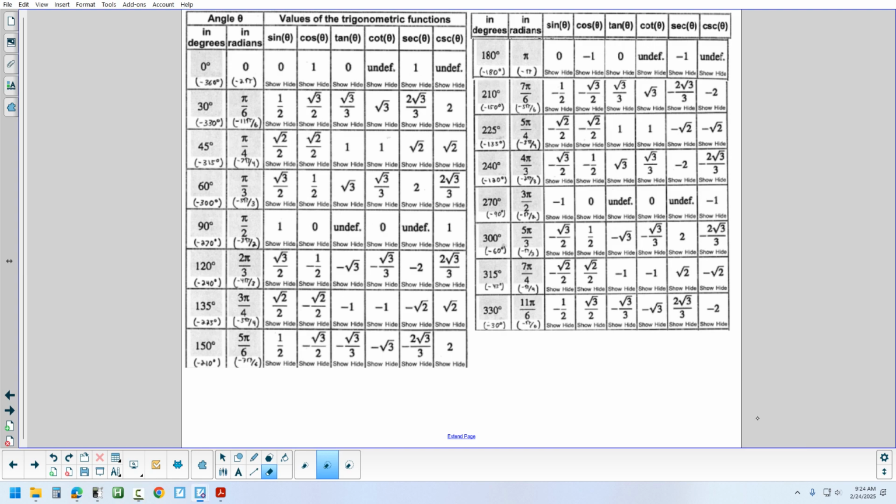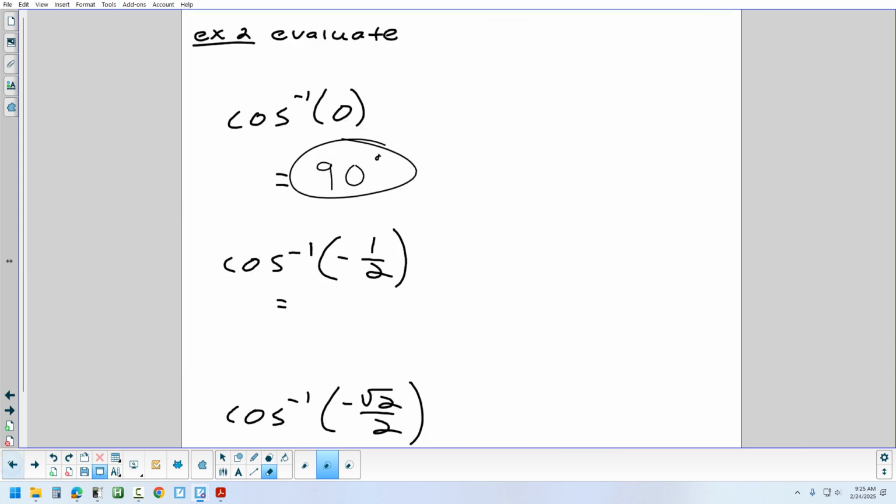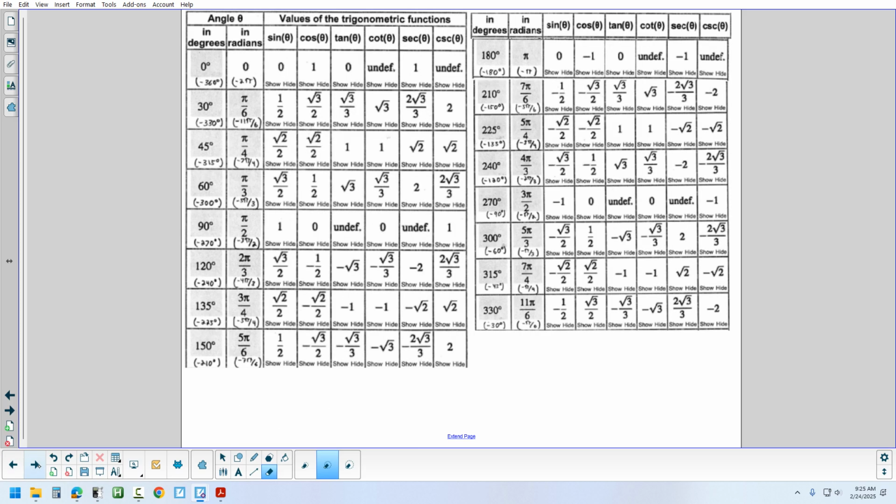All right, so let's take a look at the first one. How about inverse cosine of negative 1/2? Anybody think they got that one? Yep. All right, so let's go down. Cosine column, negative 1/2. Okay, you see that answer right there? And I can stop there because I know I'm looking for between 0 and 180. 120 fits that.